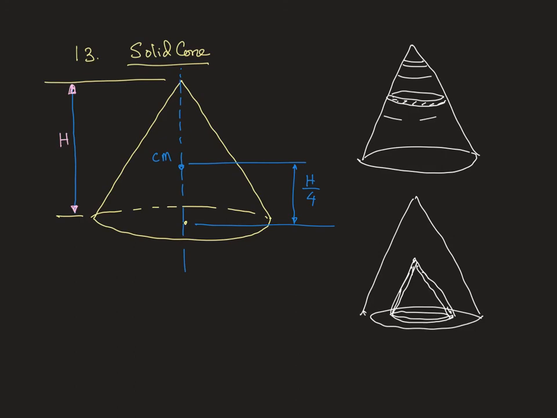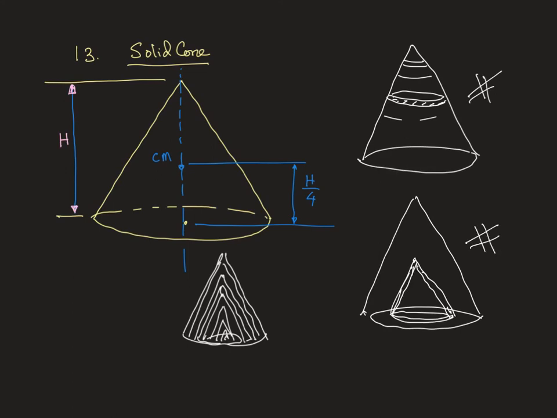And when you keep the hollow cones of variable thickness or size one on top of the other, starting from this cone here, what you get after placing hollow cones one on top of the other is the solid cone. So either you can try by this method or by this method.